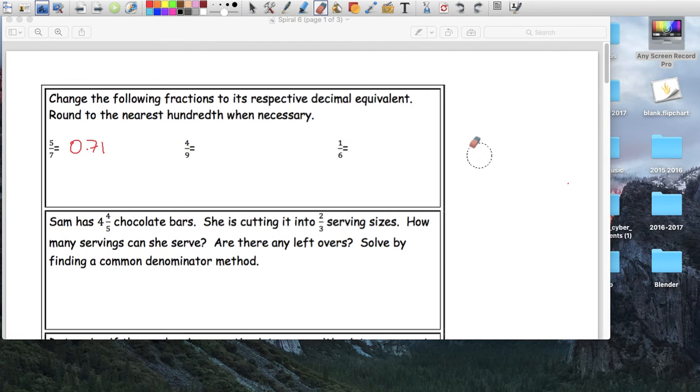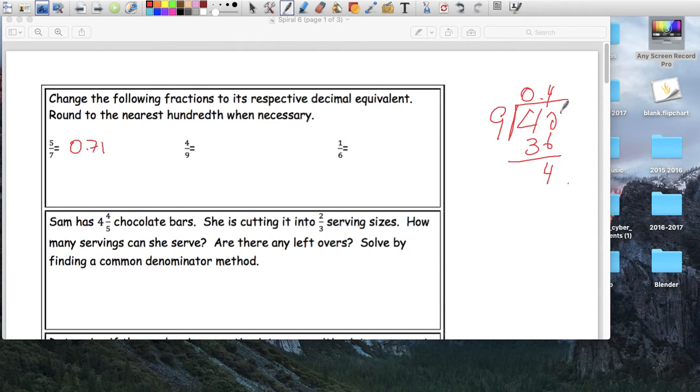Next one, 4 over 9. I know it's going to be a little bit less than 0.5 because 4 is less than 4.5, which would be exactly half. So again, 4 divided by 9. 4 goes into 40 4 times, which is 36.